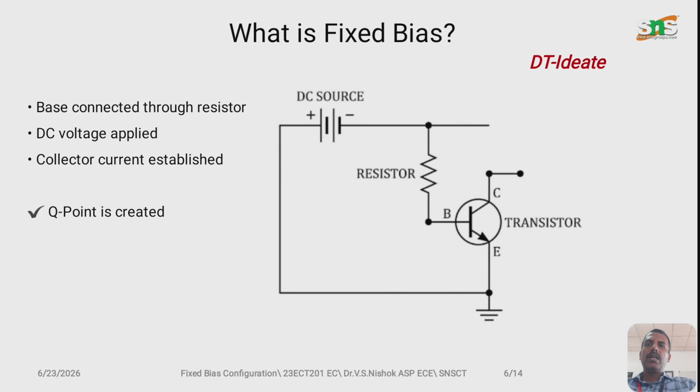Now let us see what is fixed bias. From the DC source, a resistor is connected to the base of the BJT transistor. When the DC voltage is applied, it creates the base current across the base terminal of the transistor, which controls the collector current.